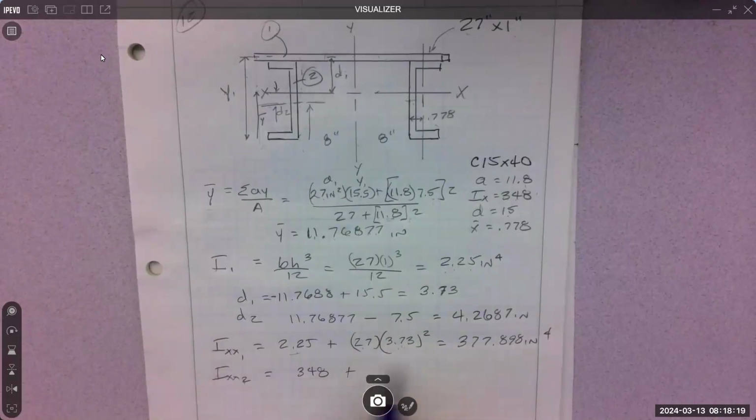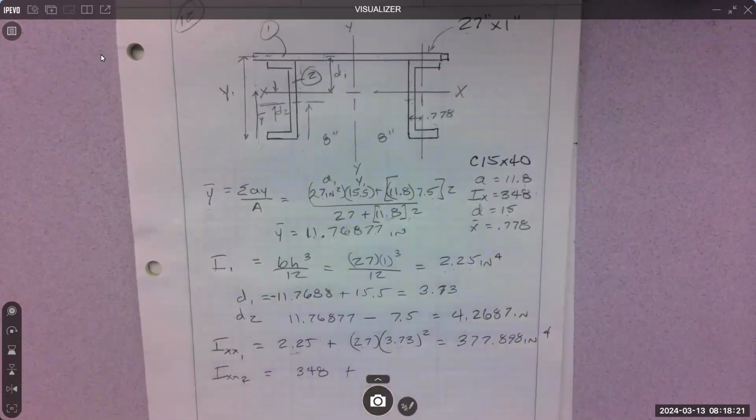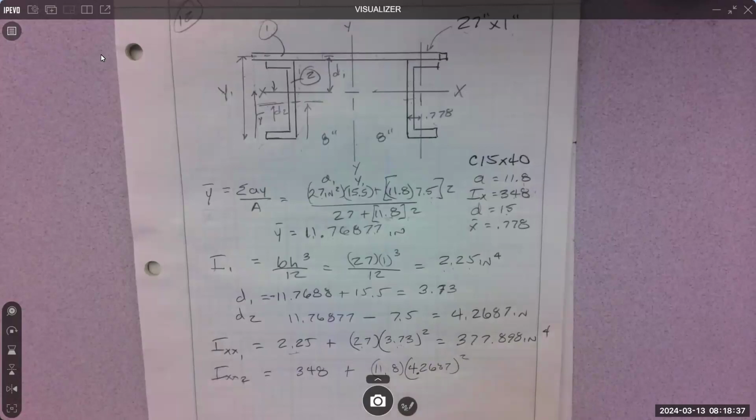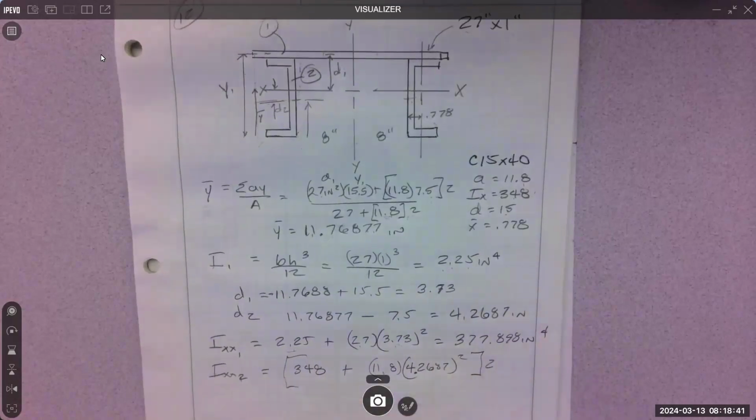I'm just going to do one and then multiply the whole thing by 2, because there are two of them. Area is 11.8, and then the transfer distance of shape 2 is 4.2687, don't forget to square that.